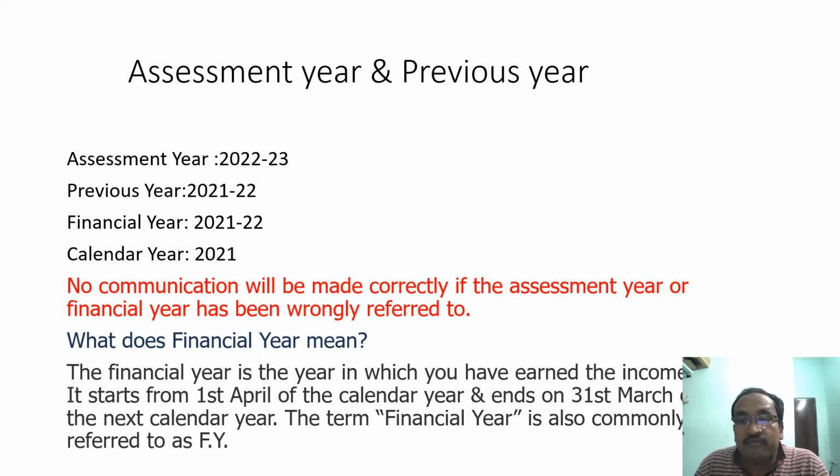Assessment means a kind of verification: someone is reviewing or checking what you have done in the past. That past, your studies in your academic year, we can understand as the previous year. Verification of marks, someone verifying, checking, reviewing, we can understand as the assessment year.